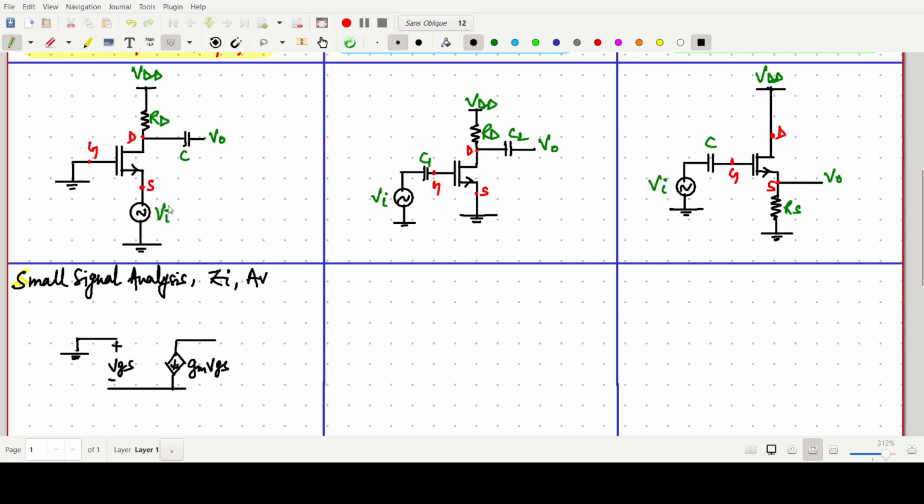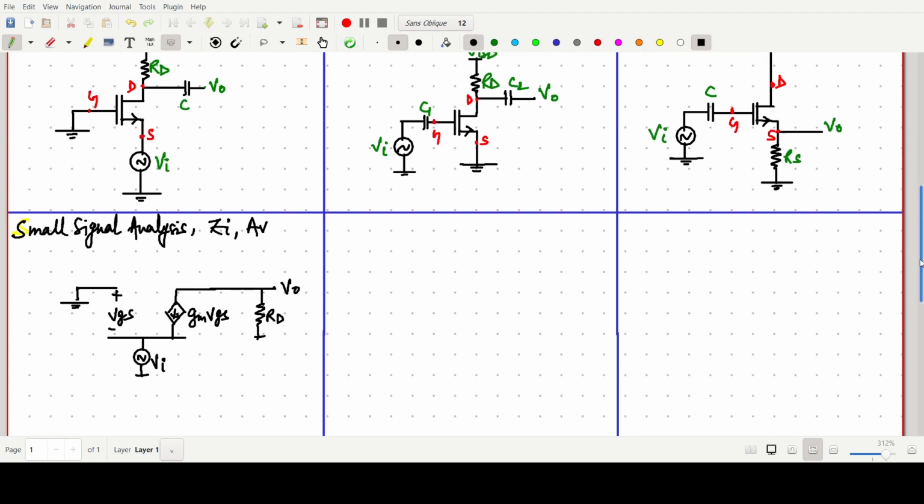So common gate is there. One RD is there, and this will be our Vo. The capacitor will be shorted, and we are giving input Vi across this side. So this one is the circuit.